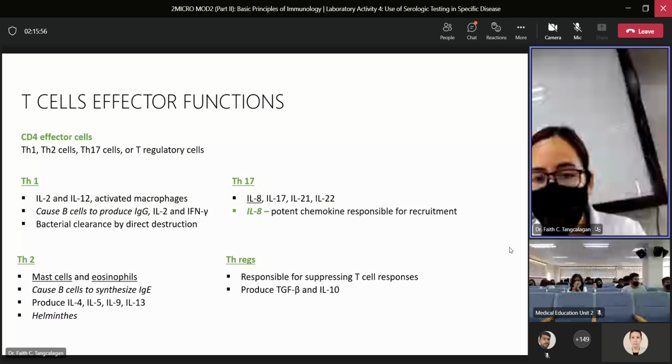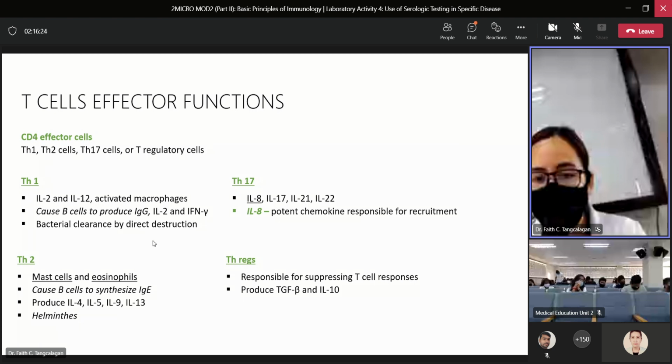So the Th regulatory cells are responsible for suppressing the T cell response. These Th regulatory cells suppress the immune response in general. So they help in lowering or mellowing down your immunity, your response to the pathogen.